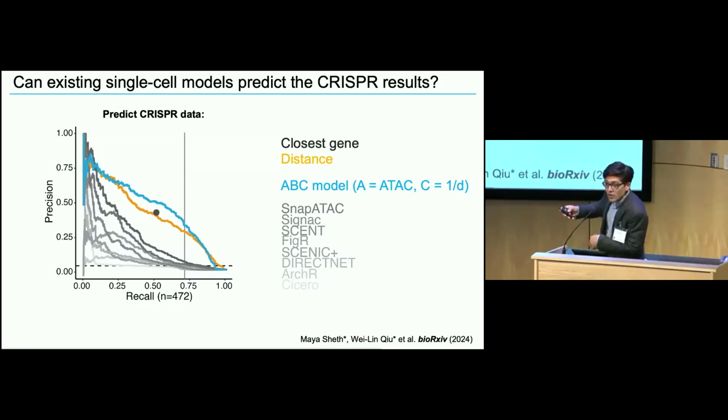And then in gray are a number of other models that are based either on correlation between accessibility and gene expression across single cells or cell types, or based on regression models that are trying to use accessibility at multiple nearby peaks to predict expression. And none of those models did particularly well at predicting the CRISPR data.